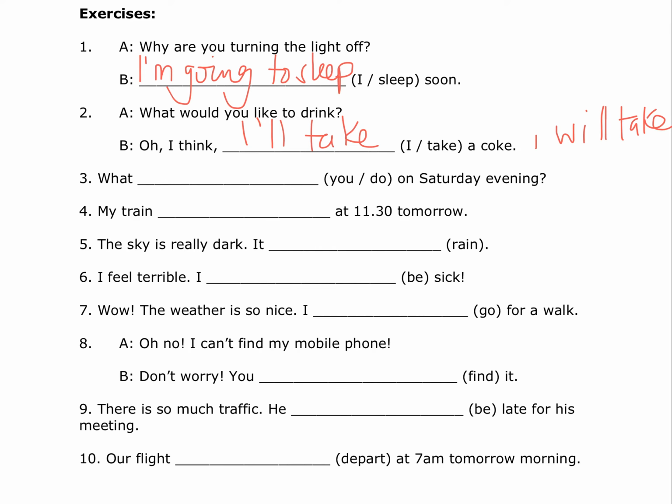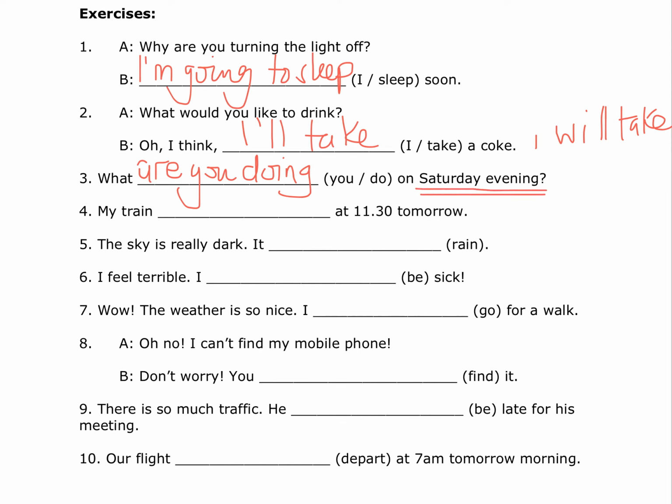So what did you choose for the third example? Yeah, you hear it. There are two possibilities. The best would be just to say, what are you doing on Saturday evening? Because you can see there is the time mentioned.